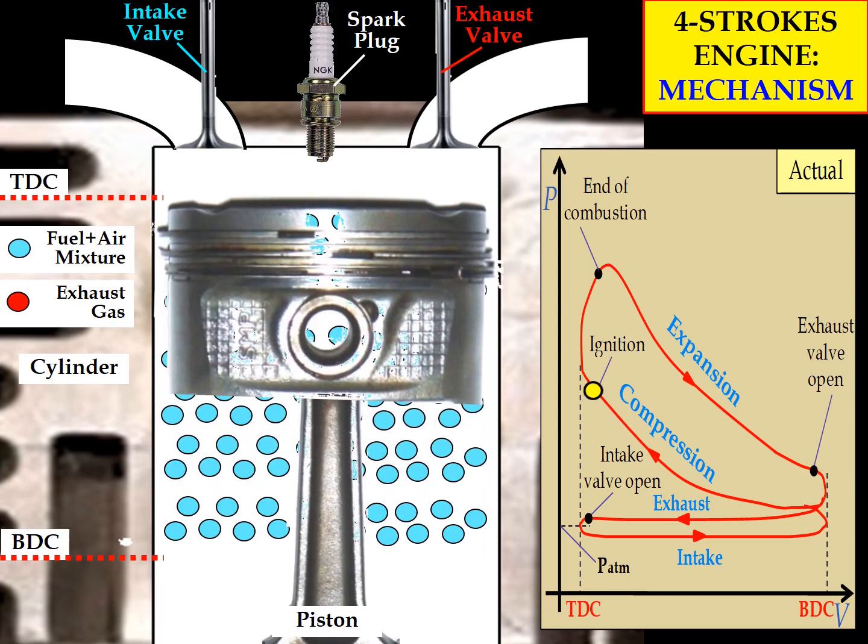The piston will compress the fuel plus air mixture. In order to conduct the compression process, the intake valve and the exhaust valve must both close, so that the piston can compress the mixture. That's why, if you look at the PV diagram, the pressure increases and the volume of the combustion chamber decreases.